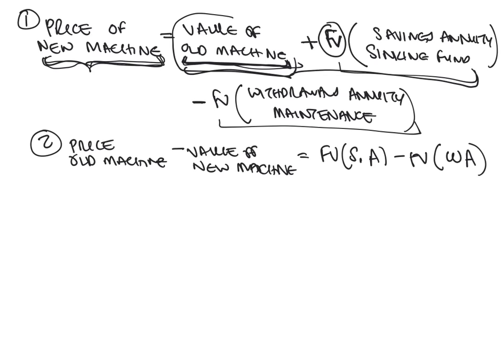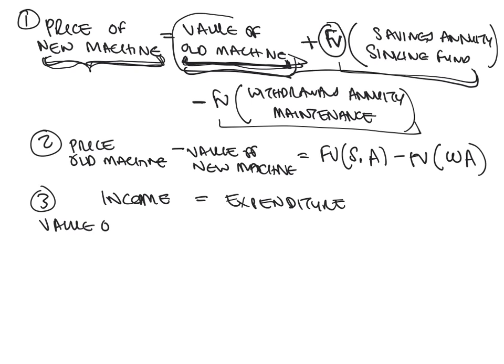I can think about it also in terms of income and expenditure. So if I say income is equal to expenditure, which of the terms are incomes and which of the terms are expenditure? Okay, clearly the value of my old machine is an income. If I add to that the future value of my savings annuity, that is also an income.